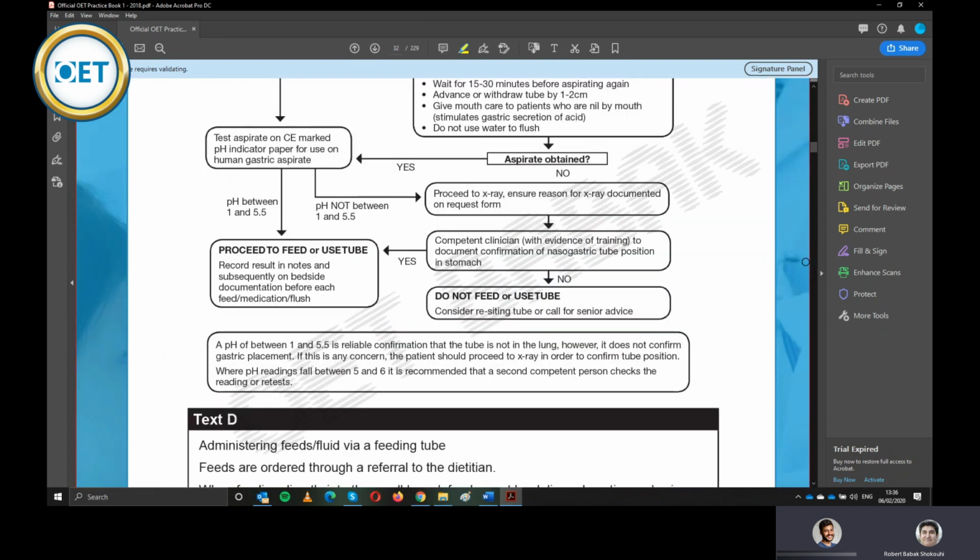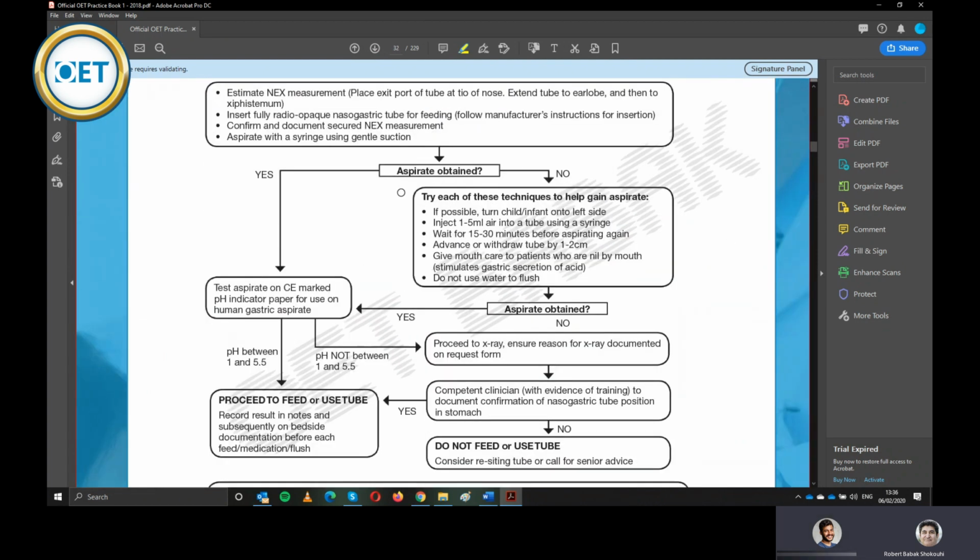Okay, so we go there and see. Initially, aspirate with a syringe. So we first use a syringe. Now, what else was there? The pH.